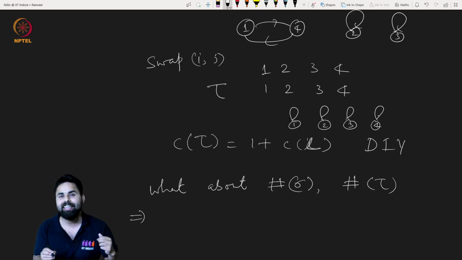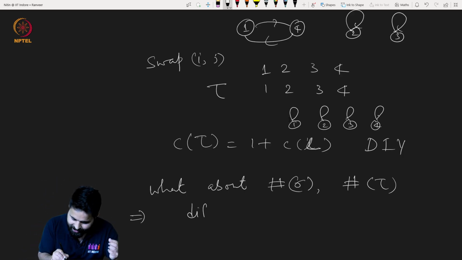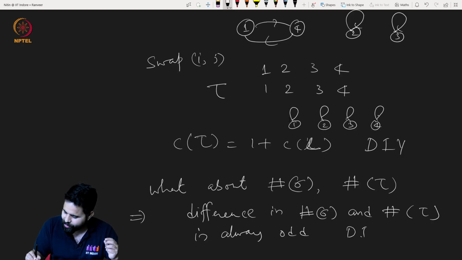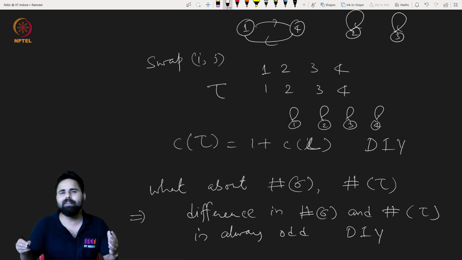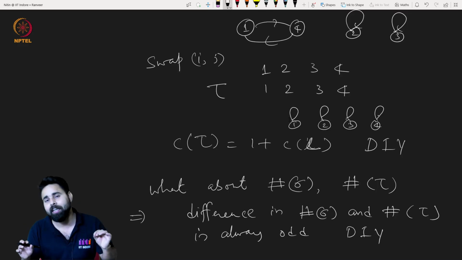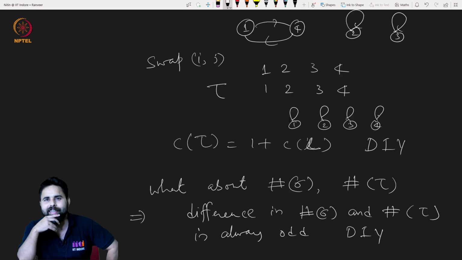I will write it here: the difference of the number of inversions in sigma and tau is always odd. Another DIY: why is this true? You play with different permutations and try to swap those inversion pairs, and you will see that the number of inversions actually changes by an odd number.